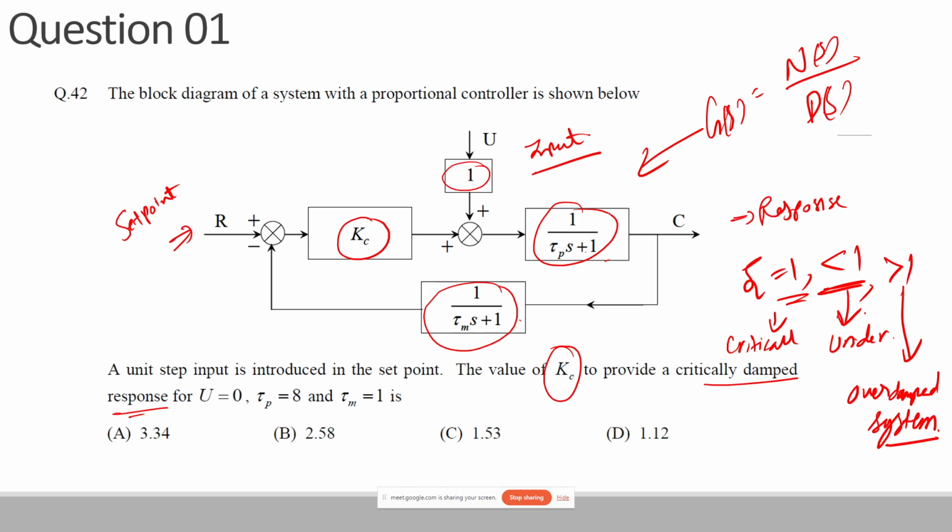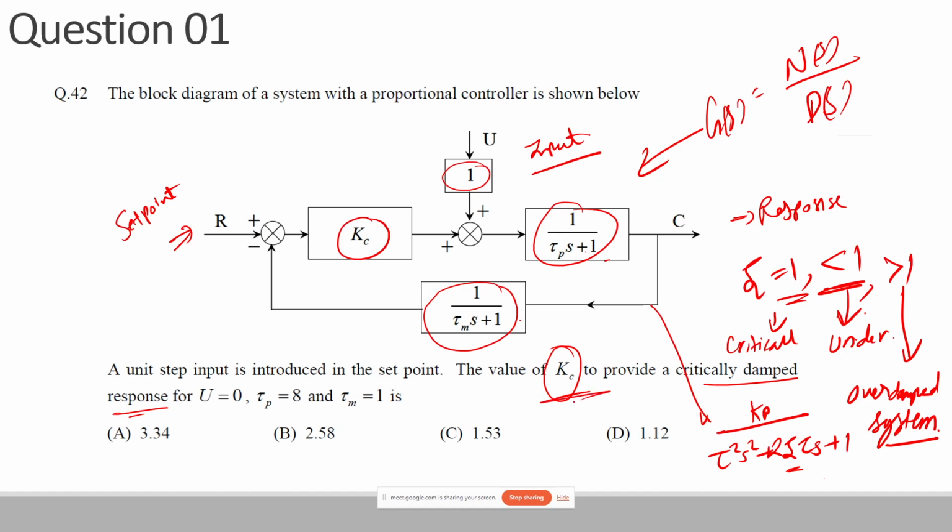Then we will compare that transfer function model with the transfer function model of a second order system, that is Kp upon tau square s square plus 2 zeta tau s plus 1. We can compare the coefficients, then equate zeta equal to 1 and find the value of Kc.